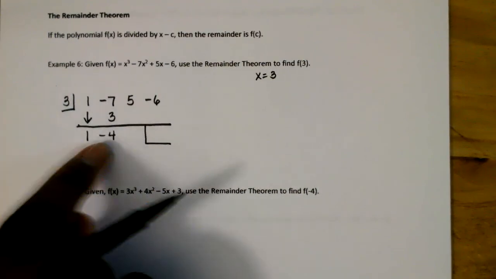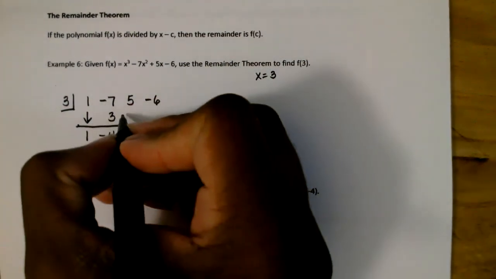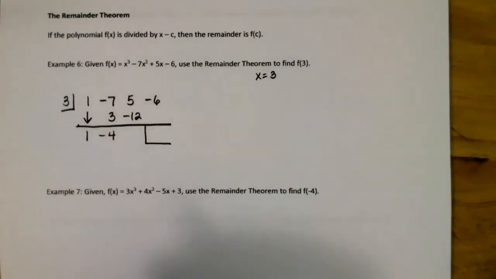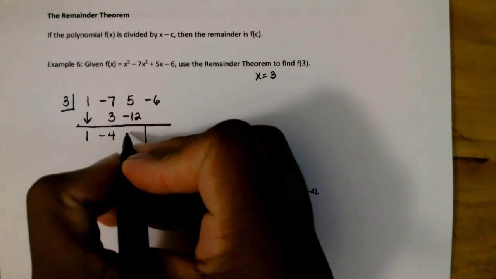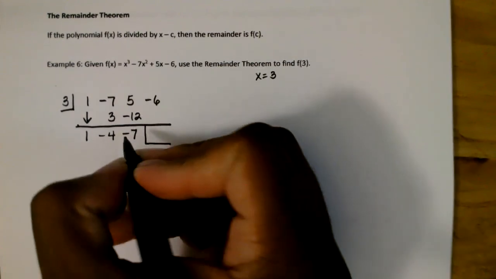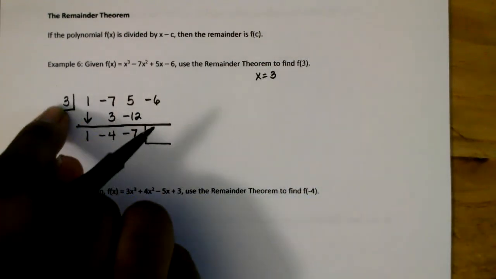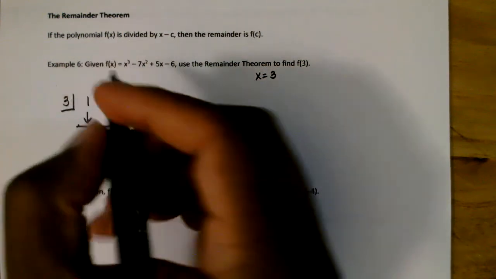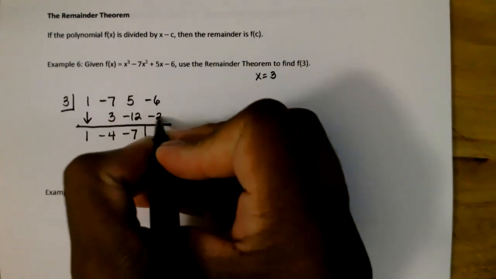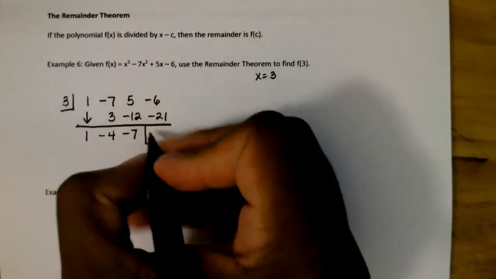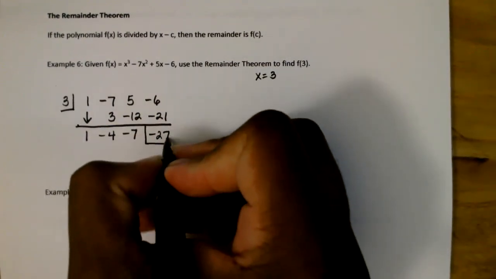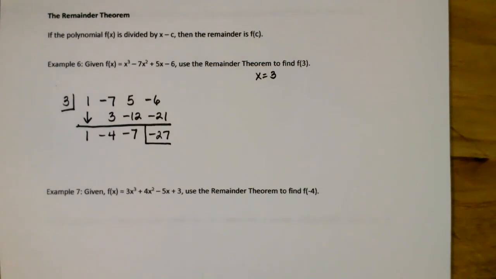And then we repeat that process. 3 times -4 is -12. Add 5 and -12 together, you'll get -7. And then finally, 3 times -7 would be -21. Then add -6 and -21 together, you'll get -27.